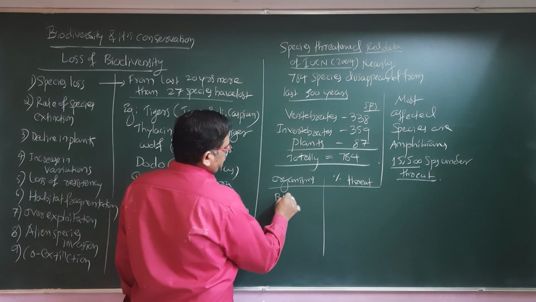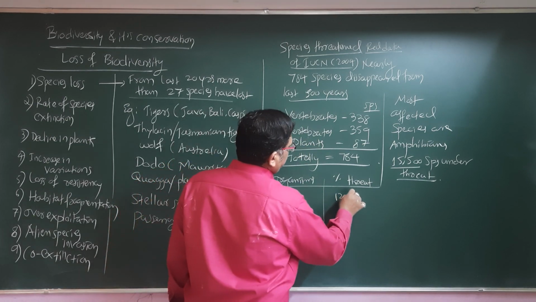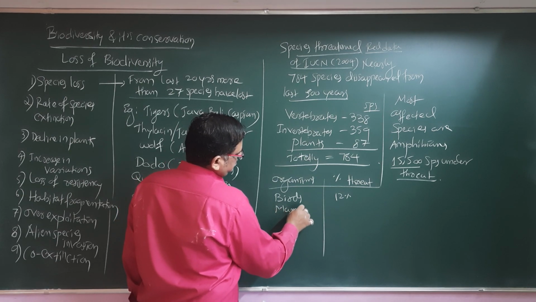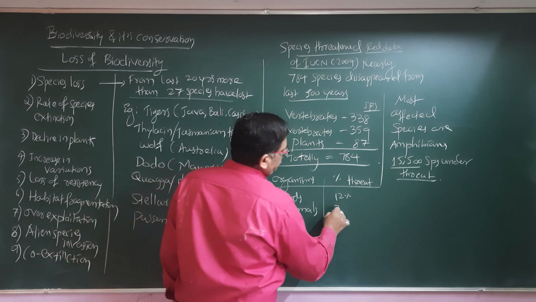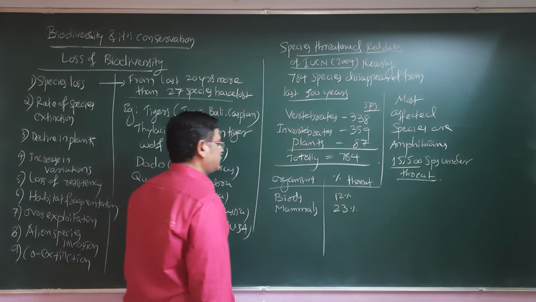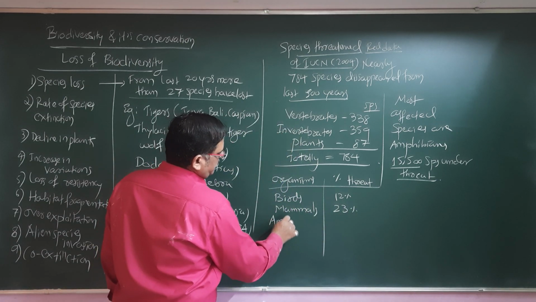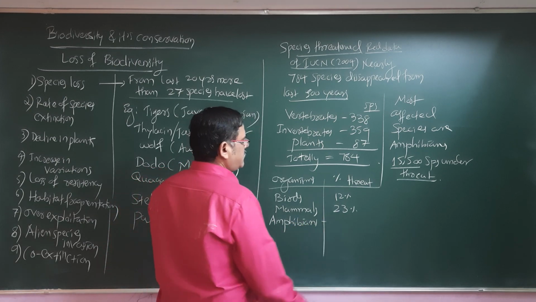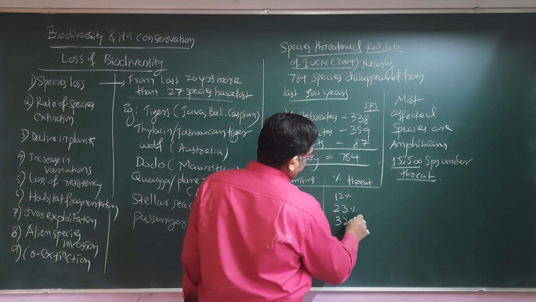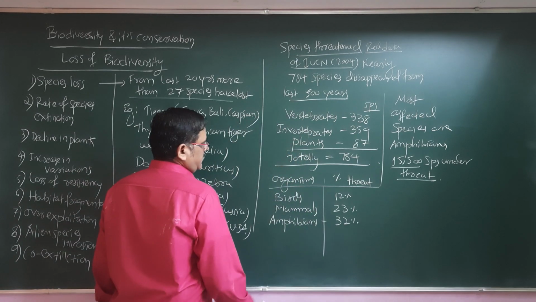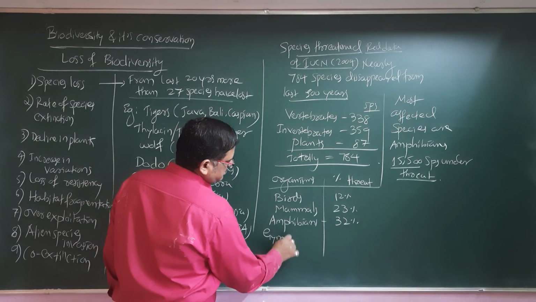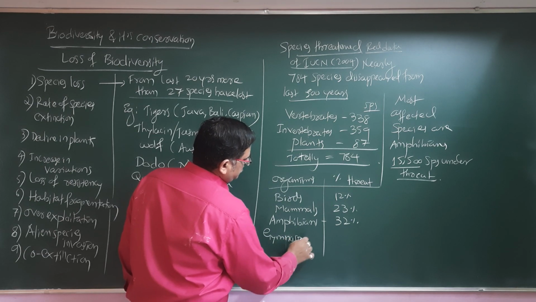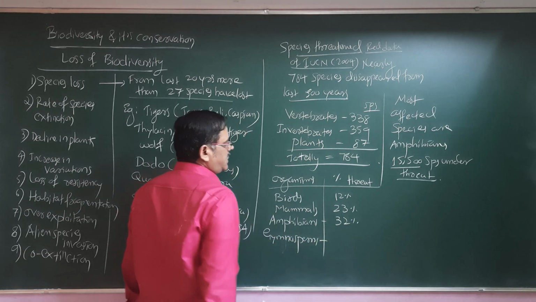It may be birds, 12% of bird species; mammals, 23% of species; amphibians, mainly 32%; then gymnosperms, mainly 31% under threat.